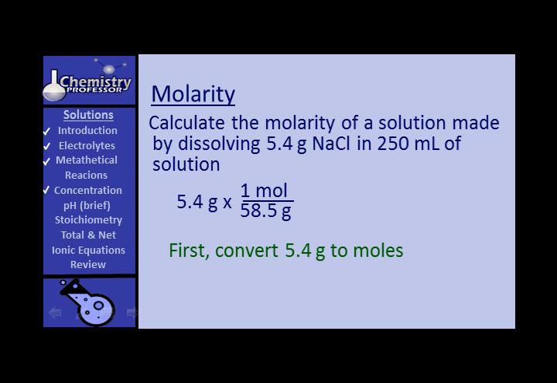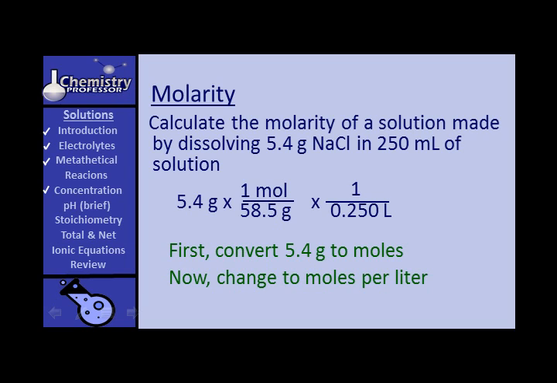And remember, molarity is moles per liter. So now we're going to change to moles per liter. We've got moles, so we've got to get liters in the denominator. So it's times 1 over 0.250 liters.